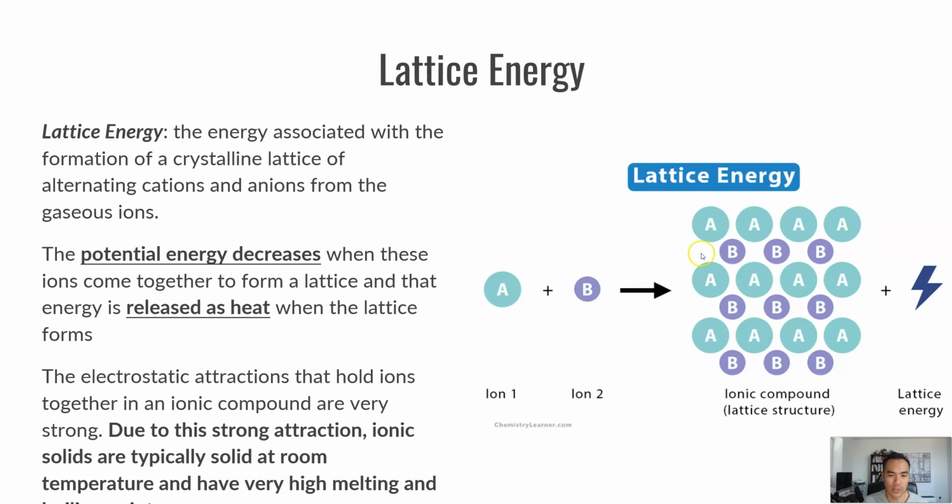In a nutshell, if I want to break these ionic compound lattice structures, I have to put some energy in, or if I want to form a crystal or lattice structure, I will be releasing energy.